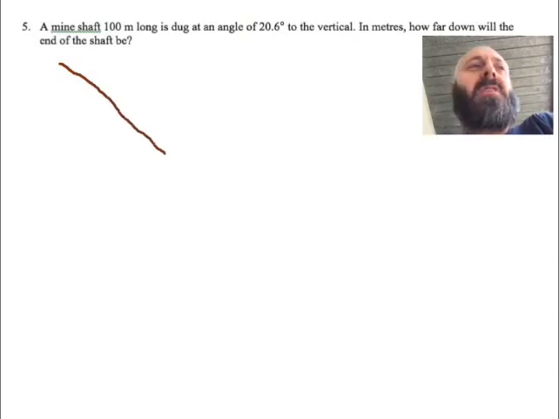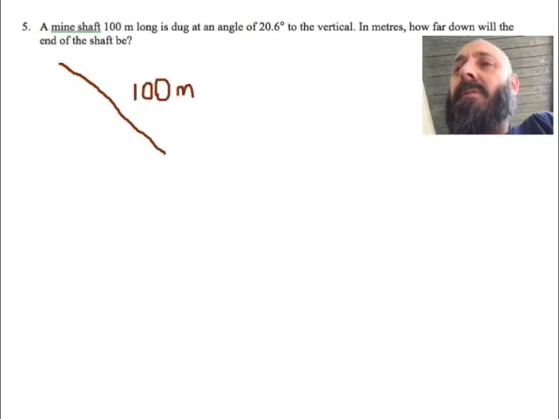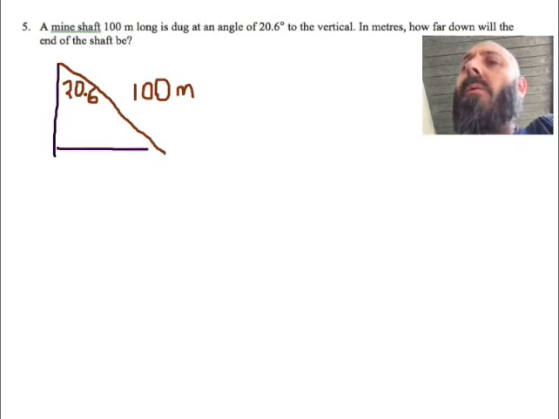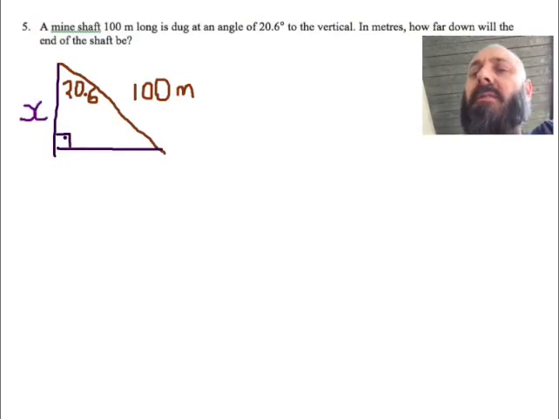I know it's not a very straight line, and that's going to be 100 meters long, and we're going to have 20.6 degrees. Sorry about my terrible drawing. And so then that makes a triangle, right angle triangle even. And in meters, how far down will the end of the shaft be? So I need to work out this distance here.